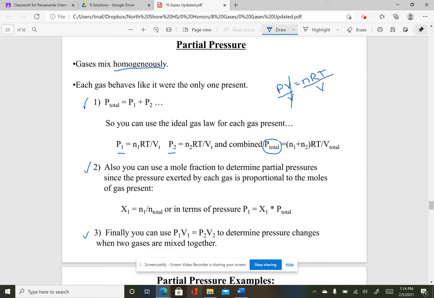The next one is using mole fraction, which is very similar to finding the percent.